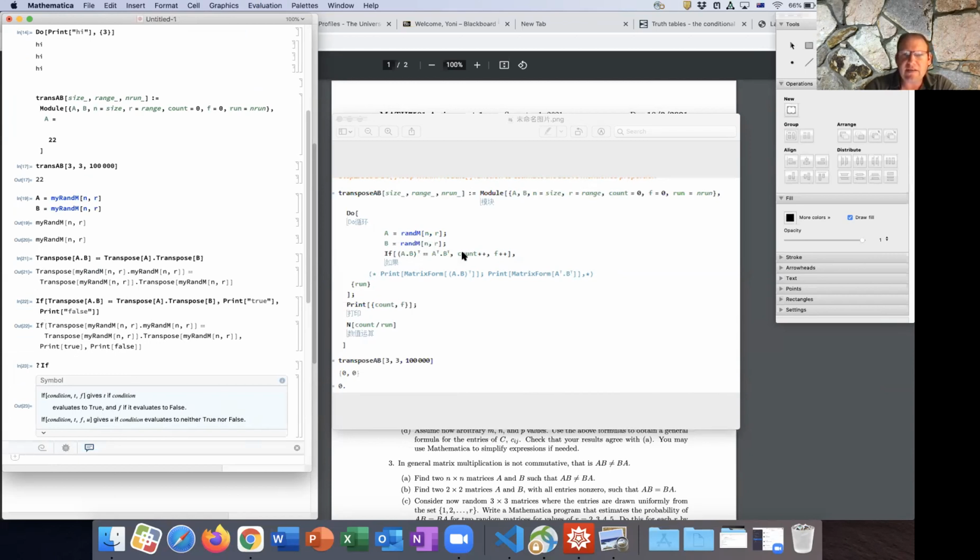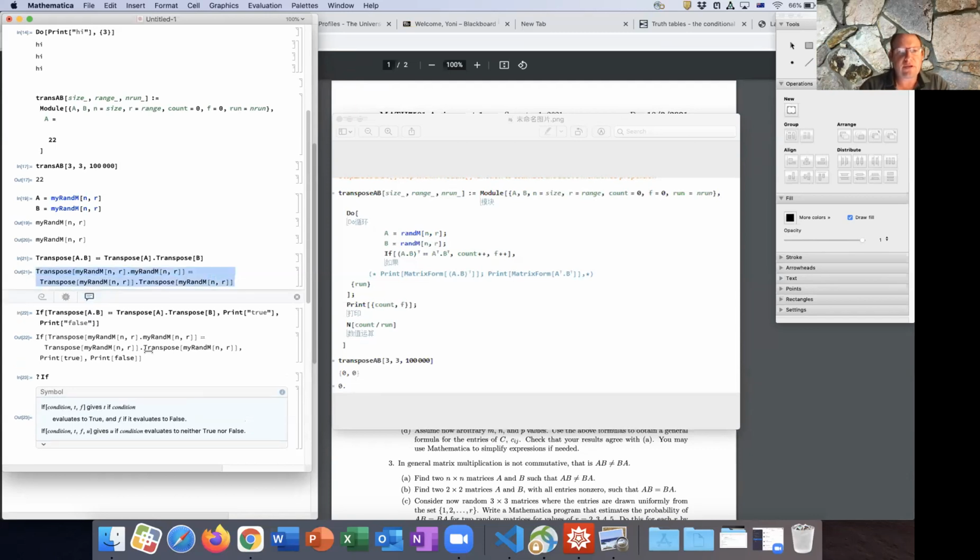So neither of these two things run. If has a third argument for when the condition is neither true or false. In other languages, the condition will be either true or false because something has to evaluate it. But this thing is neither true or false, so it kept it symbolic. Basically, you didn't run these two things.